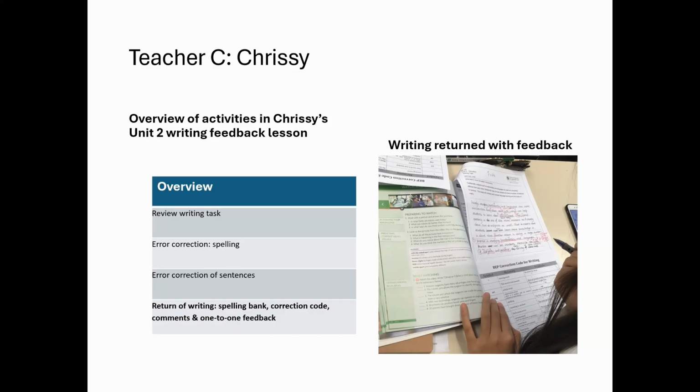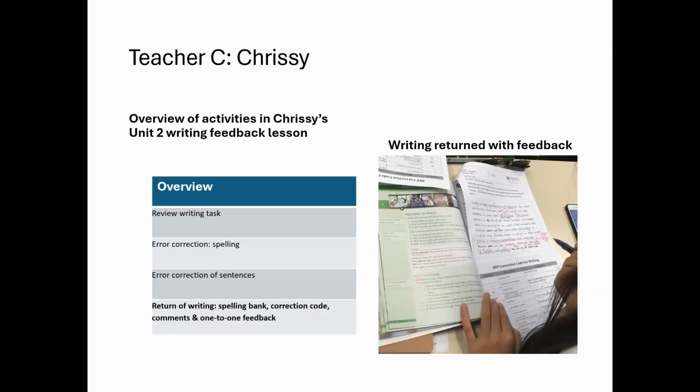Use the correction code. So in the photograph on the right, the top document is the students' writing with the feedback written on it. The teachers used a correction code and the students are looking at that below in a table, deciphering what the teacher's feedback means, and she's got her book open as well.